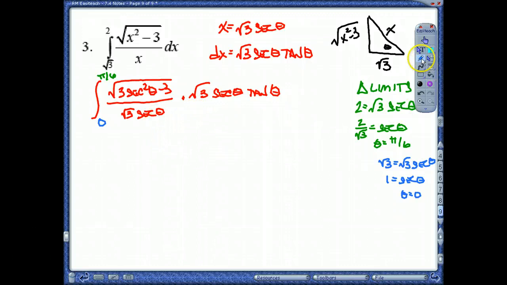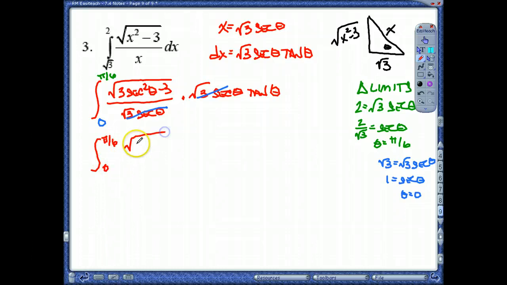All right, so let's see what we can do here. What color haven't we used? Ugh, this looks like a clown threw up. Okay, so square root of 3 secant, square root of 3 secant, those are going to cancel right away. I'm also going to look inside here and factor. I'm going to try to do some multitasking because I'm running out of room pretty fast.